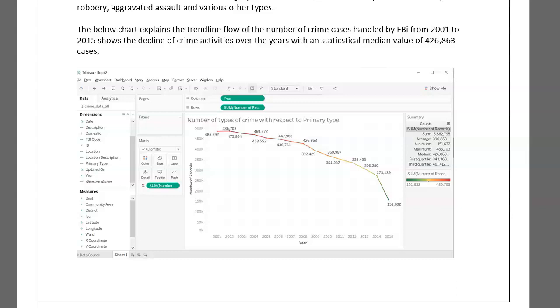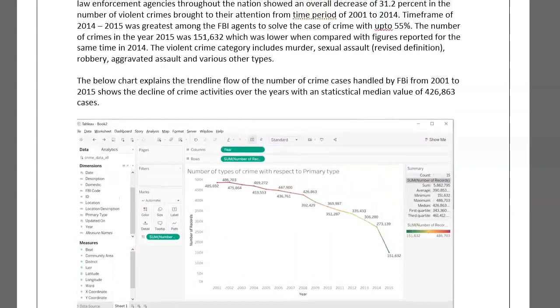approximately 20 to 25%. But if you see from 2014 to 2015, there is a very deep curve in the change. It's rounding up to a 55 percent reduction in the overall crime rate, which is very good when compared to previous years.